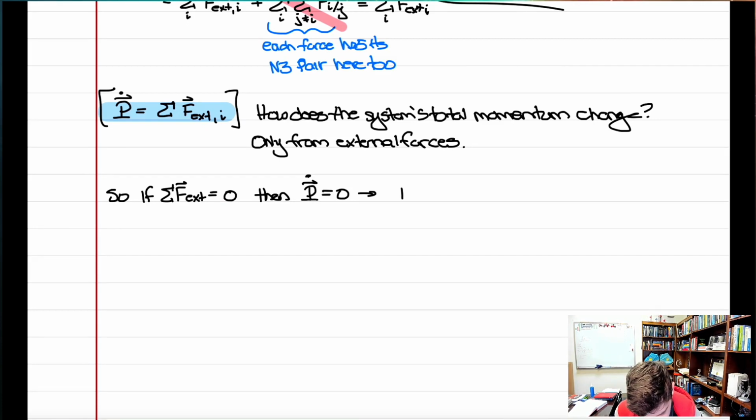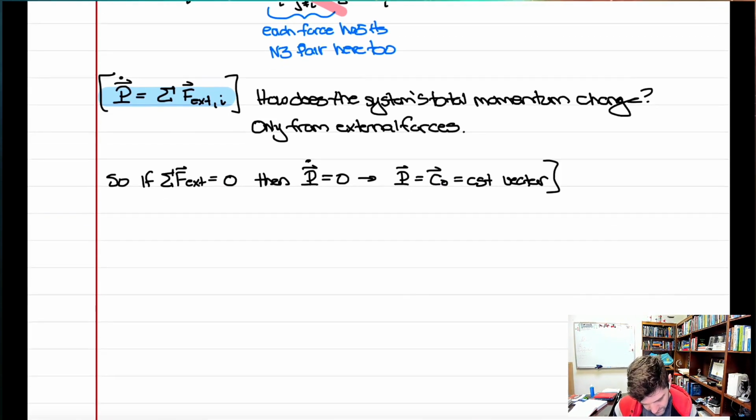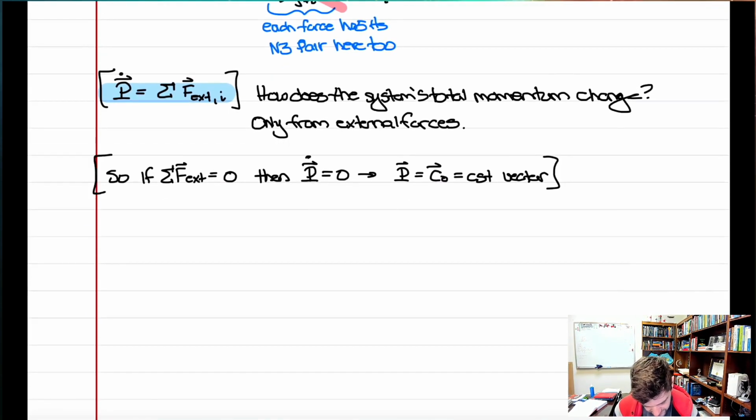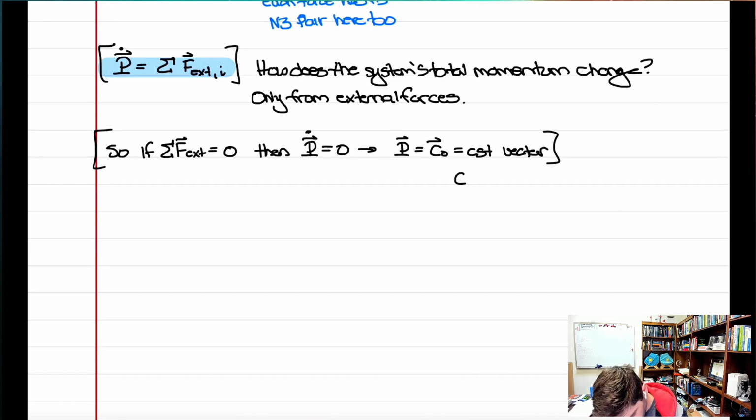What does that imply when the time derivative is zero? That implies that its antiderivative is just a constant vector in this case.